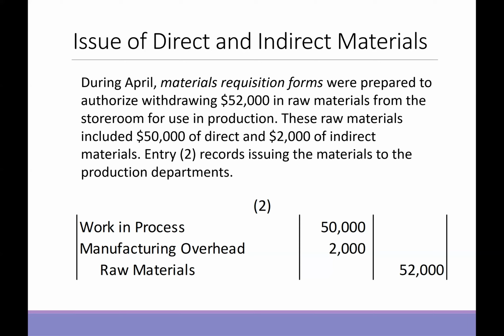Some are going directly into our jobs. Some will be transferred into manufacturing overhead. This is the journal entry to show transferring products into either the account work in process or the account manufacturing overhead.